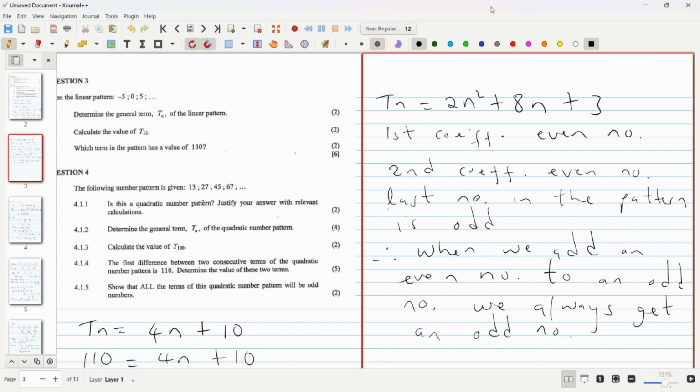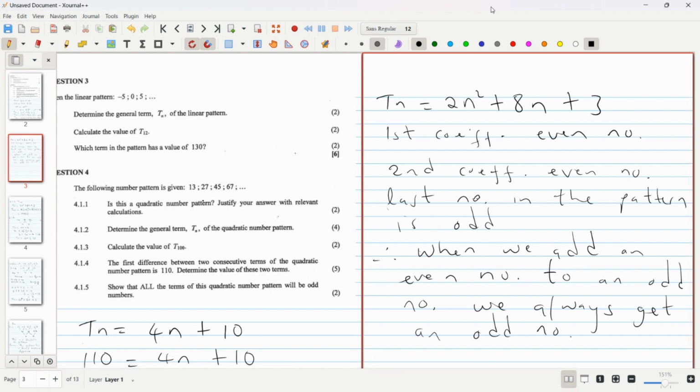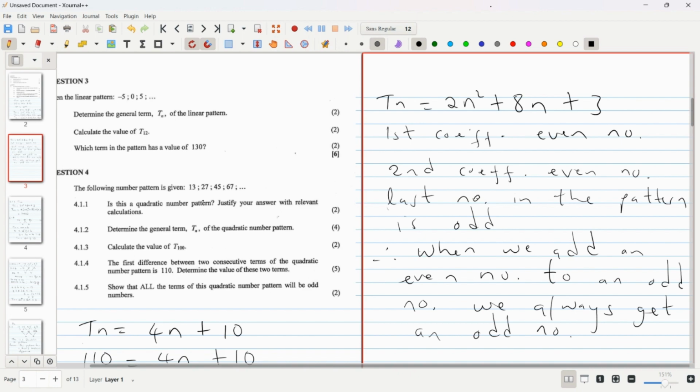So when we add an even number to an odd number, we always get an odd number. So that's the reason, right?